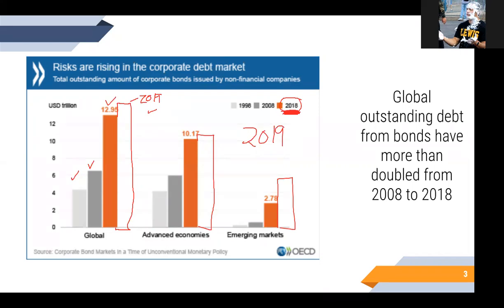All right. Global outstanding debt from bonds more than doubled from 2008 to 2018. Yes, this is true. And it has risen another 10% between 2018 and 2019. That would be the data that I need to prove that 2020 is scary.